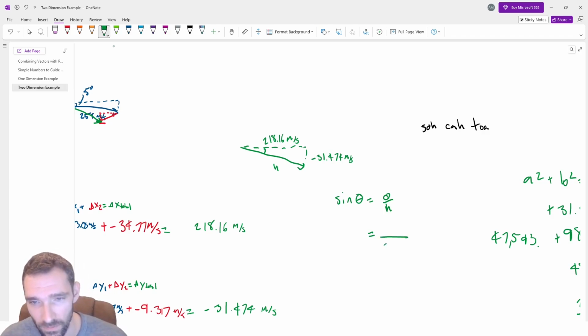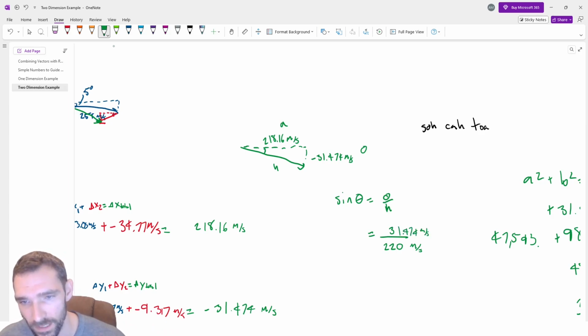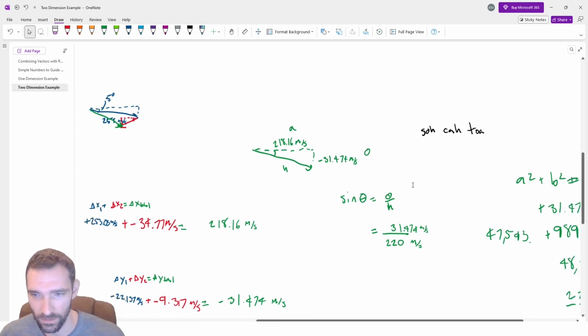So our hypotenuse was 220 meters per second, and our opposite in this case, we're just going to use the magnitude of this, because you could kind of flip this triangle and make it go up. So we've got 31.474 meters per second over the 220.